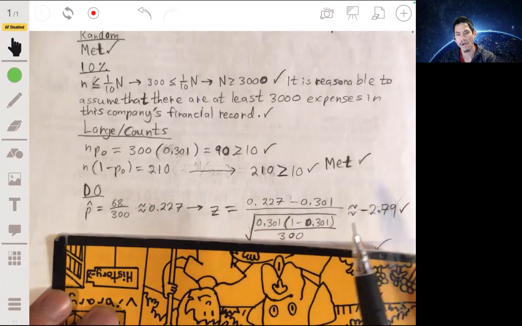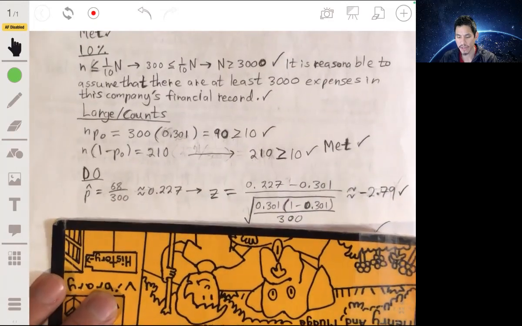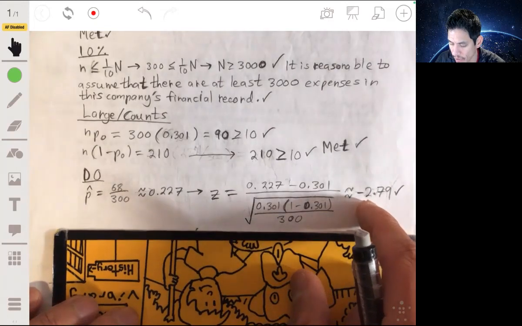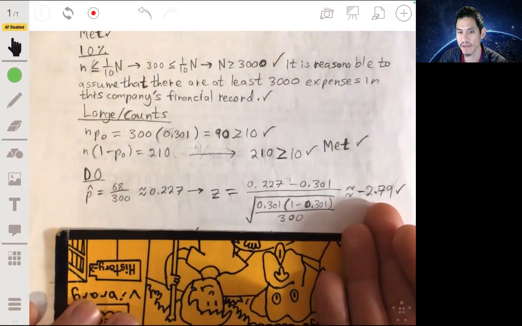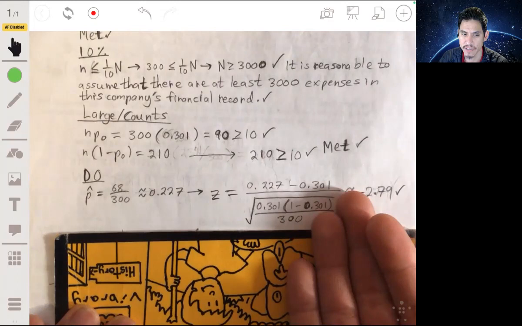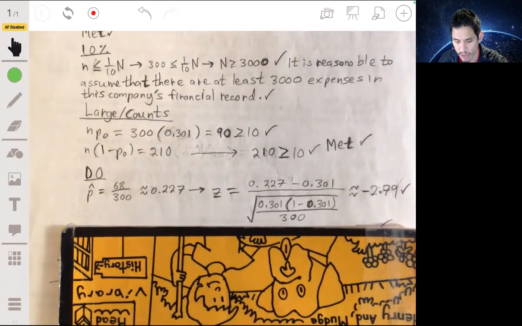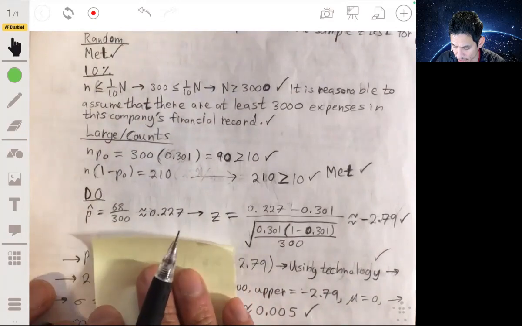Now, we start off as usual. We look for the probability of getting a proportion less than or equal to this. Let me actually do a little side note here. We don't just jump to that.